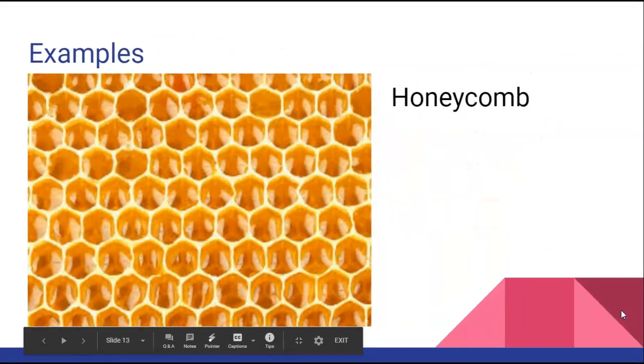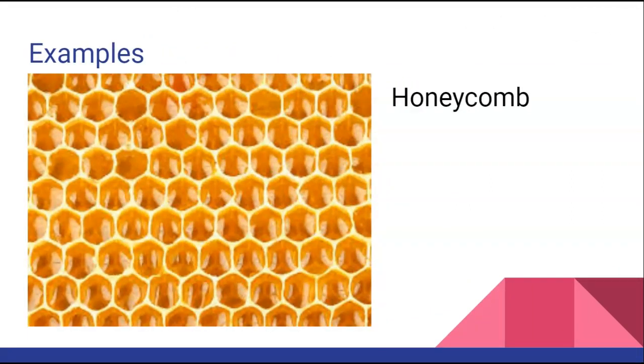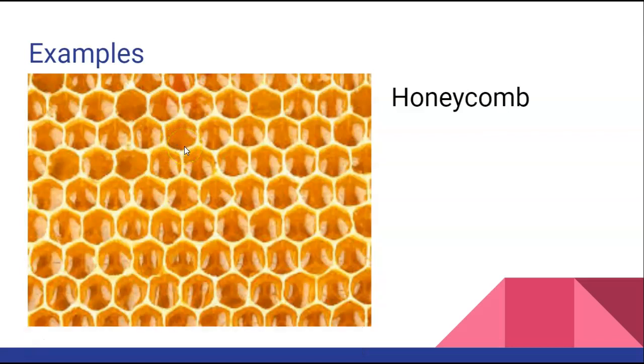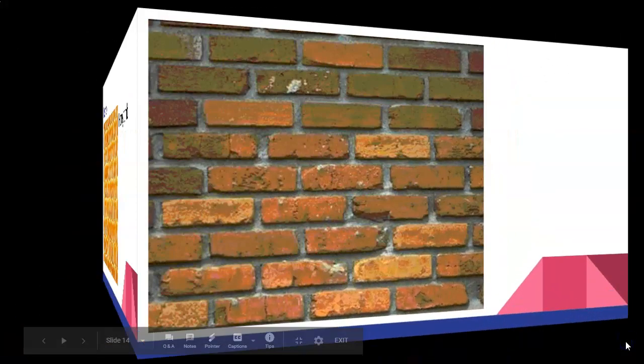Here's an example from nature, honeycomb. Each of the little honeycombs is a hexagon, a six-sided hexagon. If you were to take one and slide it to different locations, it would slide onto other honeycombs, and that's what creates the pattern.